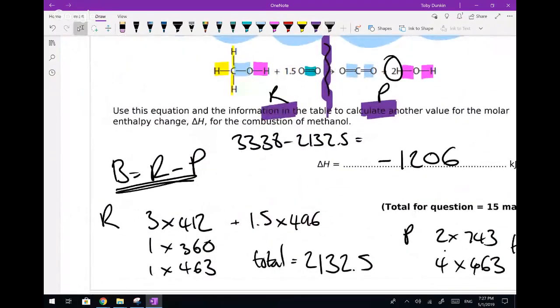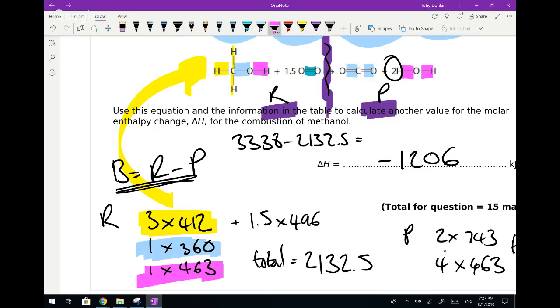I have got 3, notice, 3, and I've color-coded this, folks, because, you know, I'm that awesome. So I've got 3 carbon-hydrogen bonds, 1 carbon-oxygen bond and 1 oxygen-hydrogen bond. Those are all the bonds in methanol.